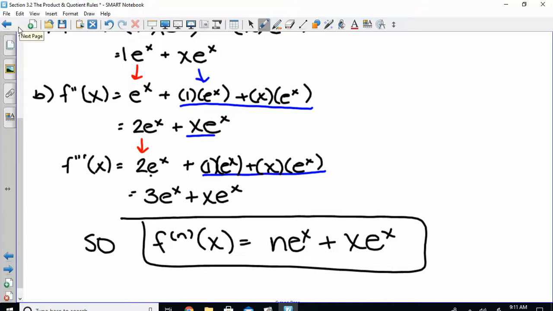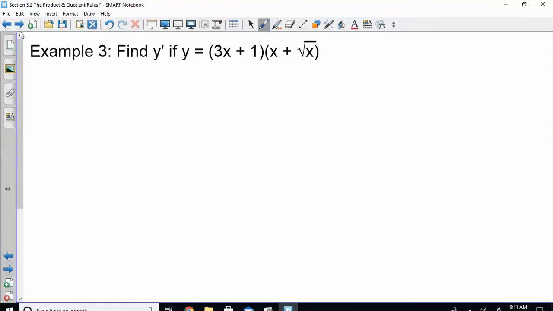Let's look at example 3. Okay, so what are the two different options for this problem? FOIL or product rule. Which one is probably easier here?